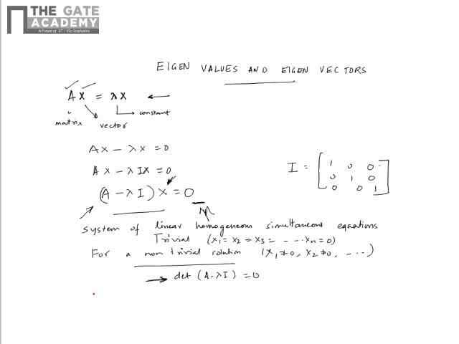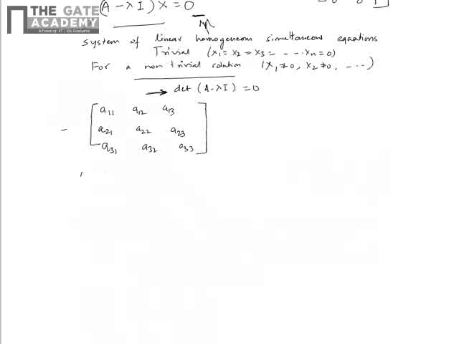Now say A happens to be a matrix something like this: A11, A12, A13, A21, A22, A23, and then A31, A32, A33. So that is the A matrix, and therefore A minus lambda I would be A11 minus lambda, and so on, because I is something like this.